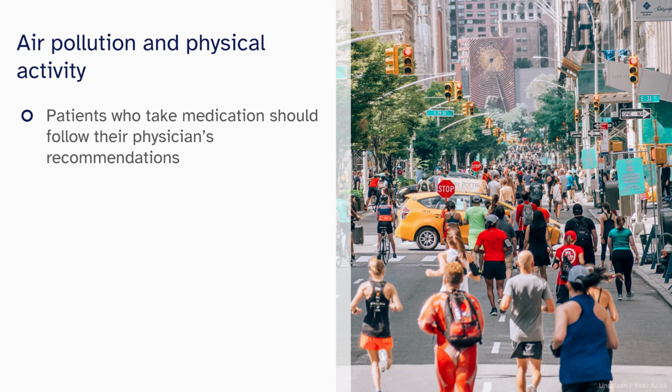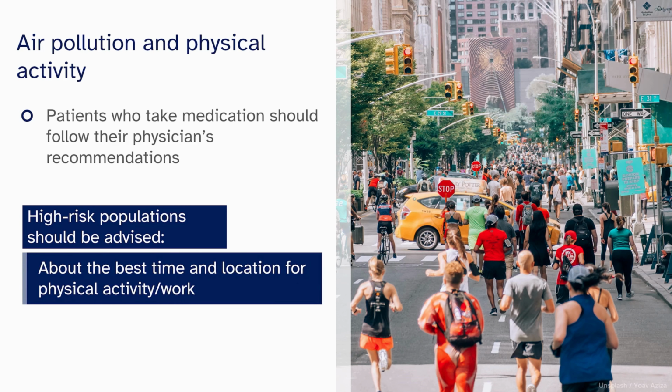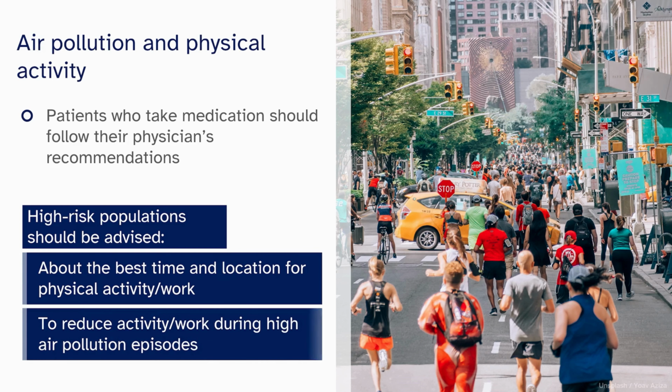In accordance with the precautionary principle, populations at specific risk because of their health status or occupation should be advised about the best time and location for physical activity or for work, and to reduce moderate to vigorous physical activity or outdoor work during episodes of high levels of air pollution.